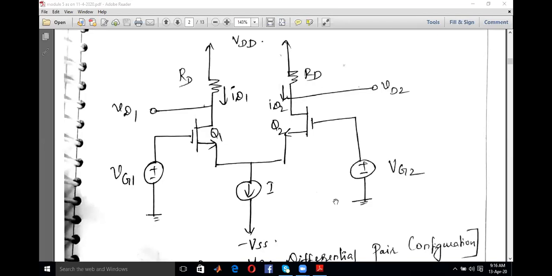If the difference is zero, there is no differential input. If there is no differential input, zero into gain is zero, isn't it? So there is no output at VD2 with respect to VD1. In that case, we can say that your amplifier has rejected the common mode inputs. So common mode inputs will not get amplified.